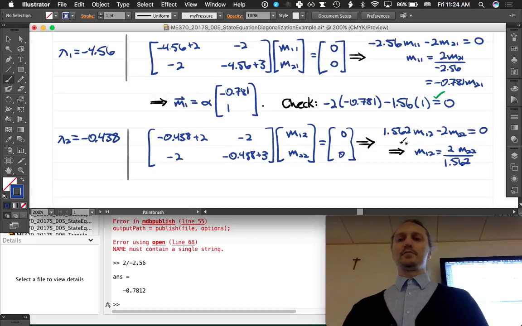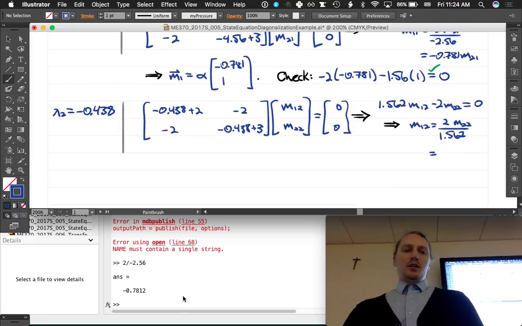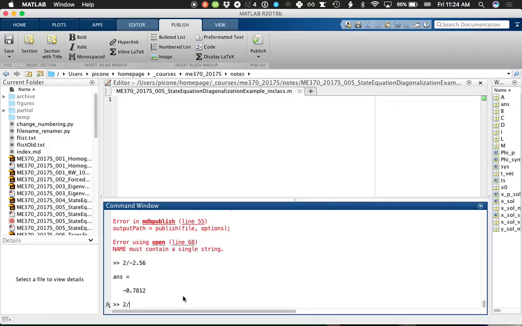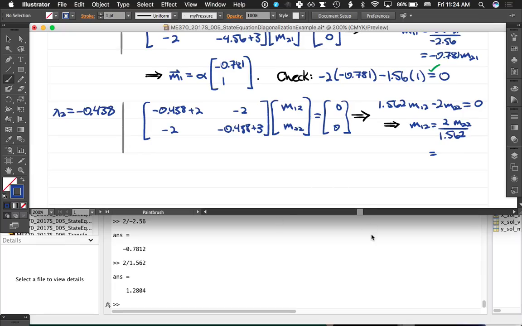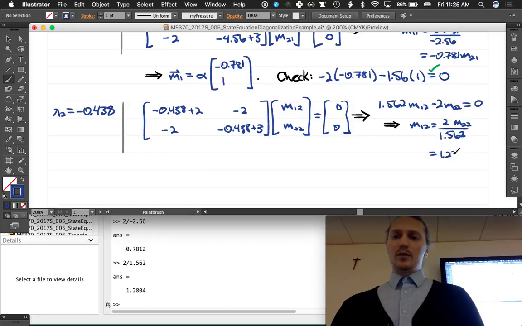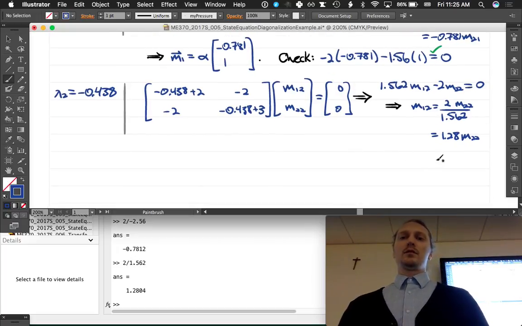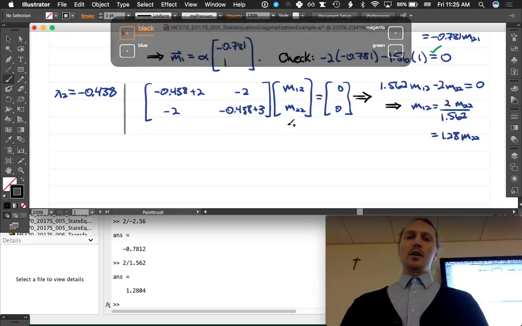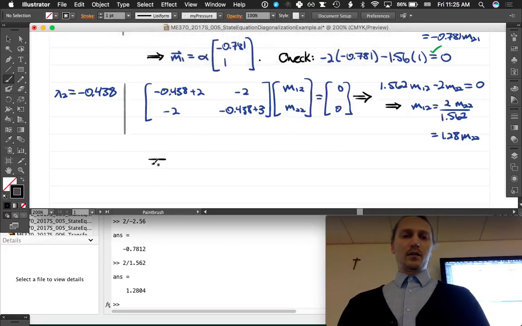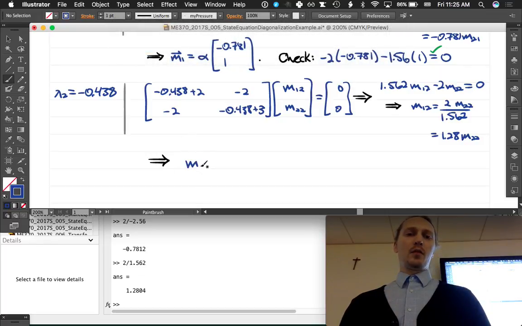Which is equal to, what is 2 over 1.562? About 1.28. So 1.28 m22. All right. So we can now write our eigenvector, which is m2.